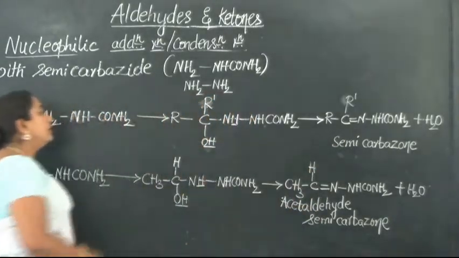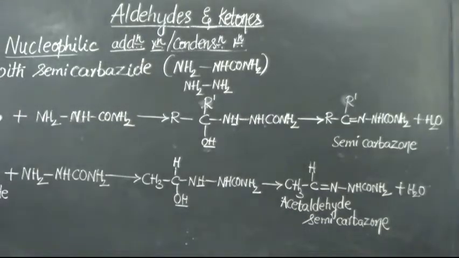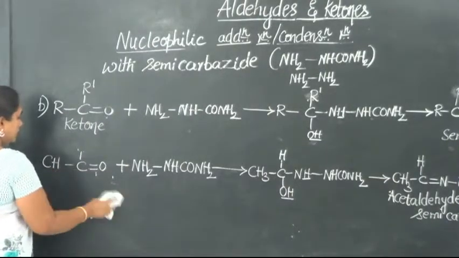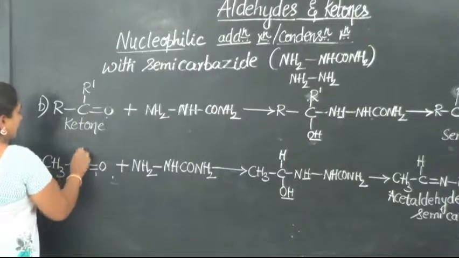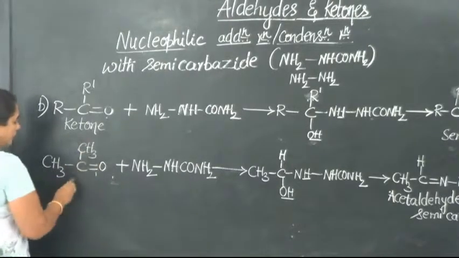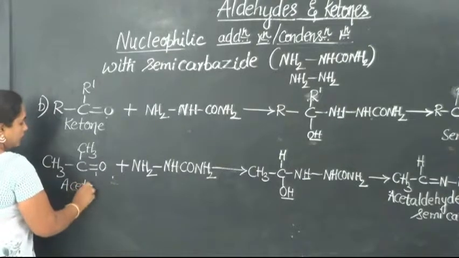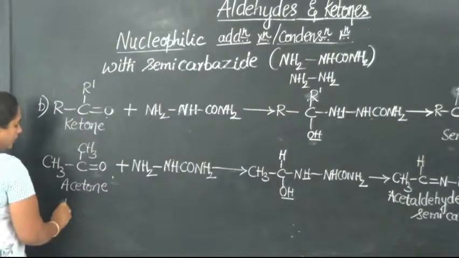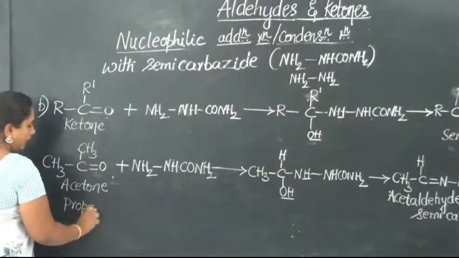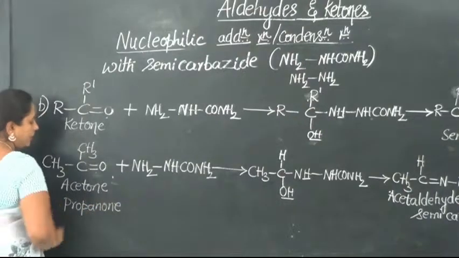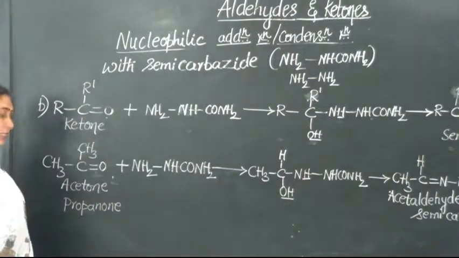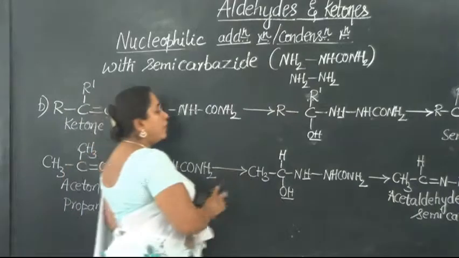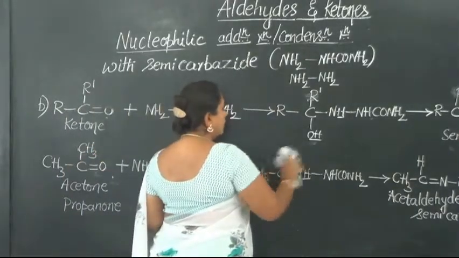Now, let us understand the general reaction that we studied with a ketone using an example. Let us take acetone, the symmetrical ketone. 1, 2, 3 carbon atoms are there. The IUPAC name of this is propanone. Acetone is its trivial nomenclature. So, acetone when treated with semicarbazide will form an addition compound like this.